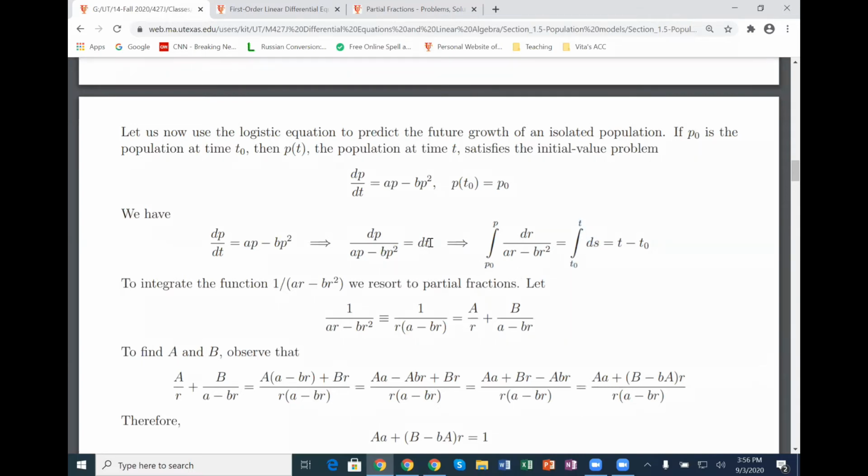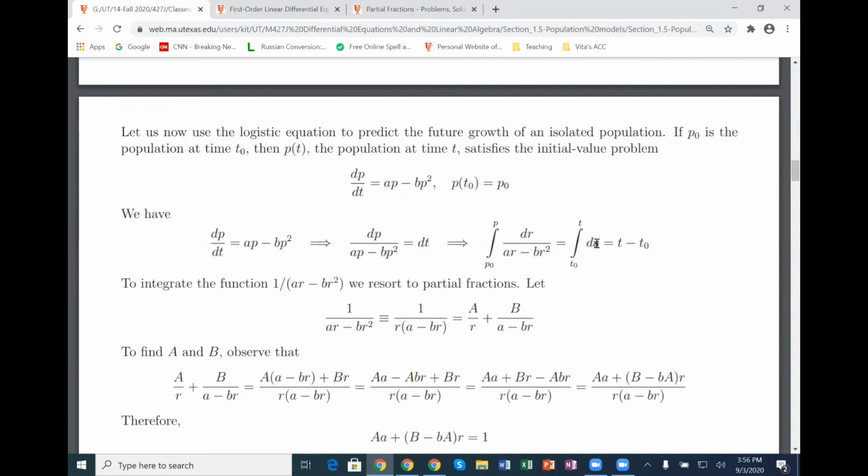By the way, you might ask me a question, why all of a sudden instead of t we have ds? Because t is taken. Therefore, inside the integral, we have to use a different letter. Now, there is nothing inside this integral, which means we have 1, the number 1.